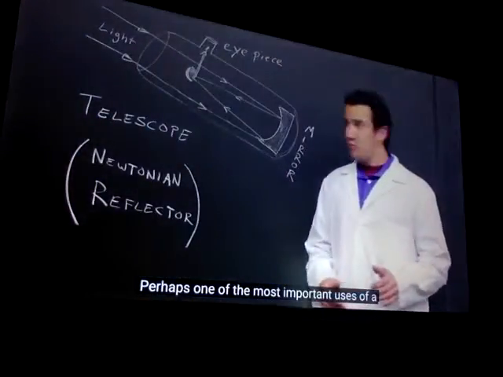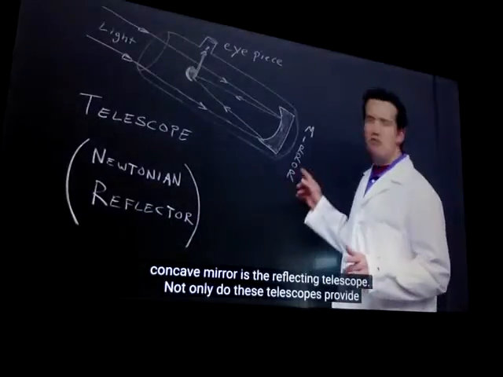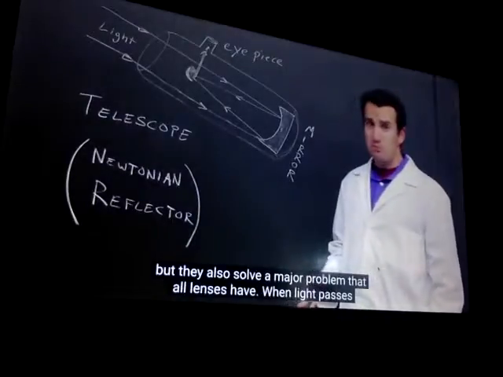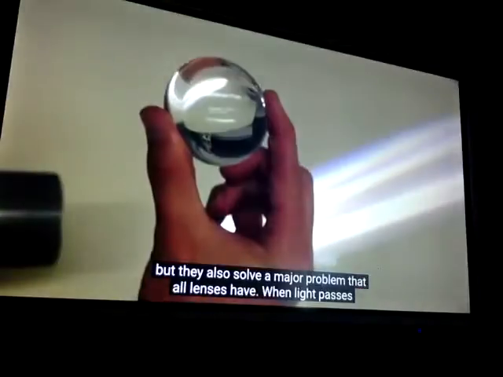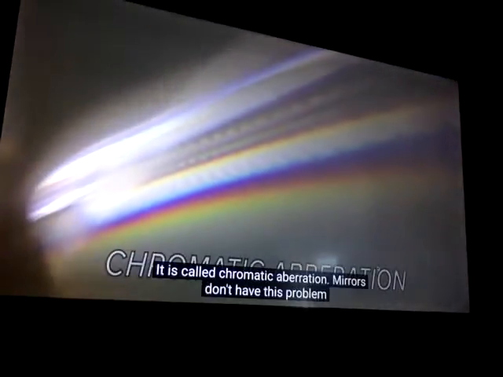Perhaps one of the most important uses of a concave mirror is the reflecting telescope. Not only do these telescopes provide high magnification, but they also solve a major problem that all lenses have. When light passes through a lens, there will always be a dispersion of colors, the prism effect. This can cause a blurriness which is hard to correct for. It is called chromatic aberration.